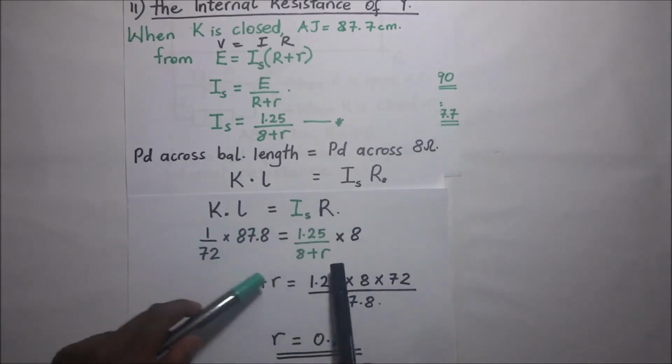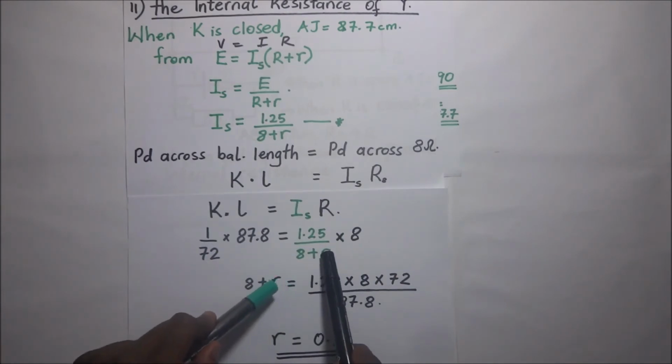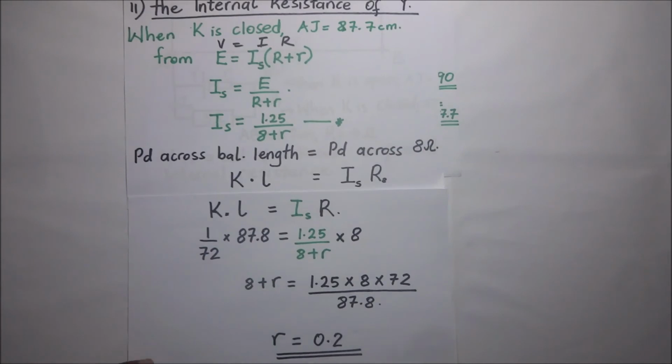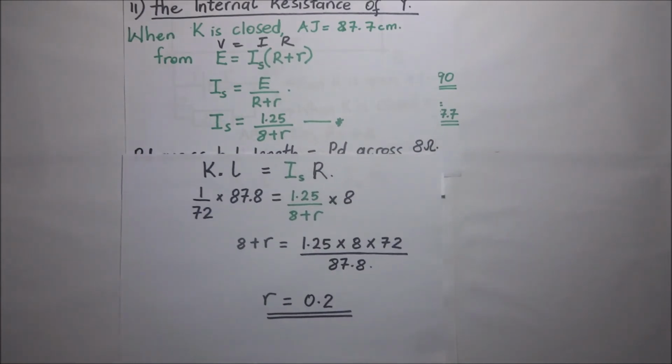From this expression, we make r the subject of the formula because we are interested in finding the internal resistance, and our final answer is 0.2 ohms.